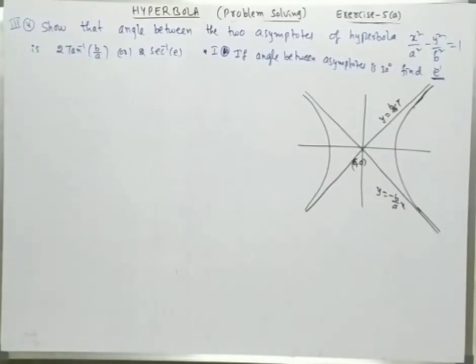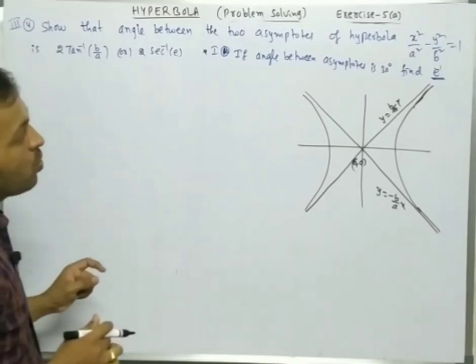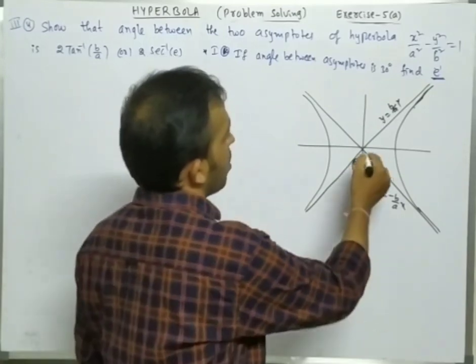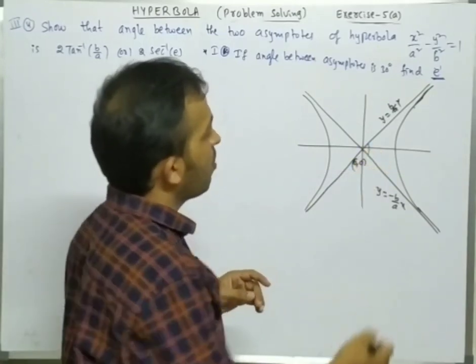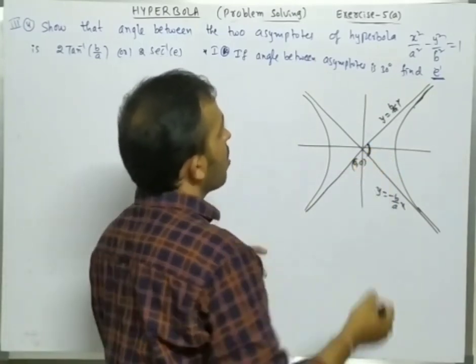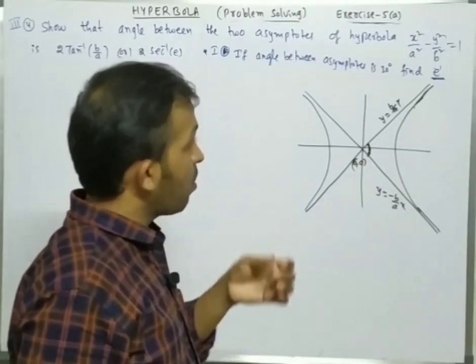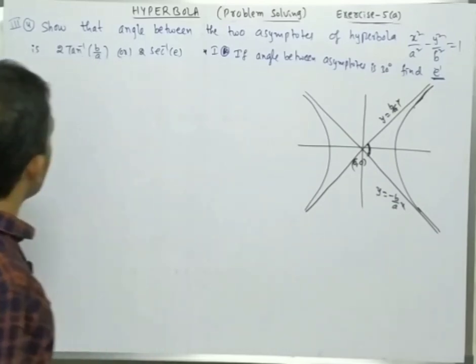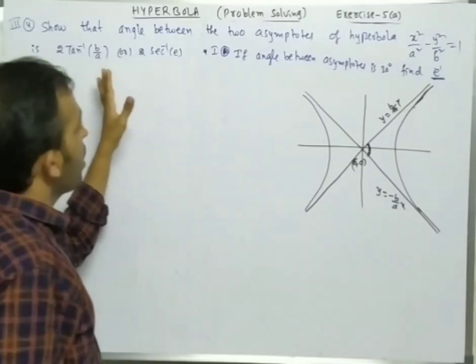Next important problem: show that the angle between the two asymptotes of the hyperbola x square by a square minus y square by b square equals 1 is 2 tan inverse b by a.